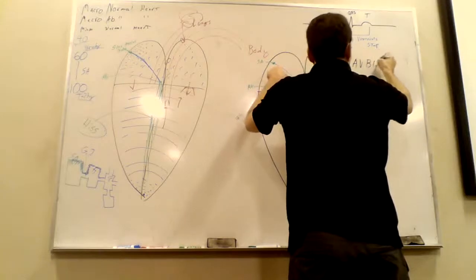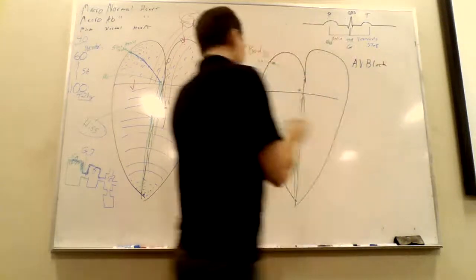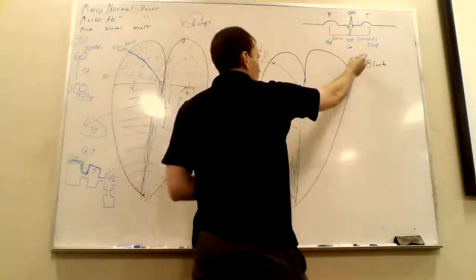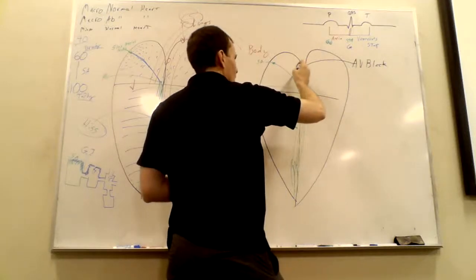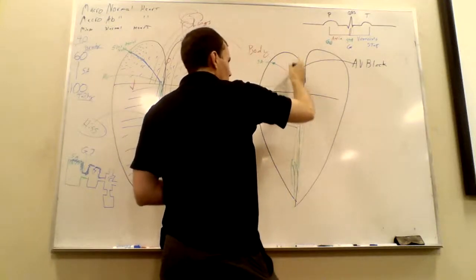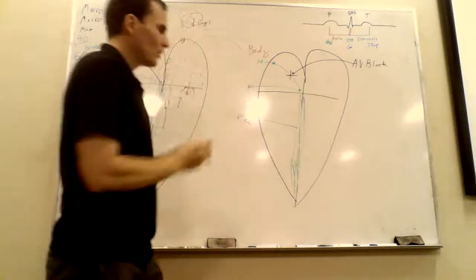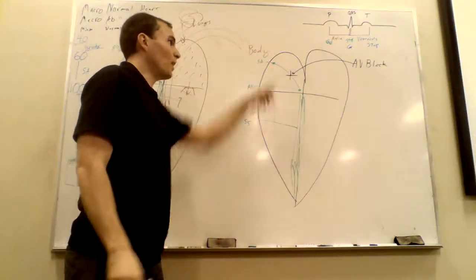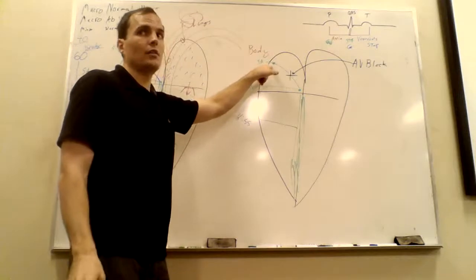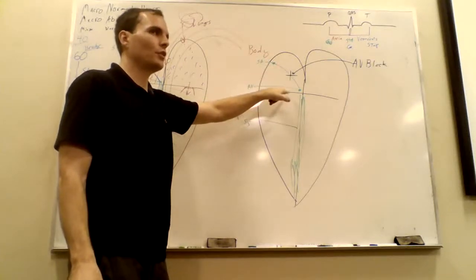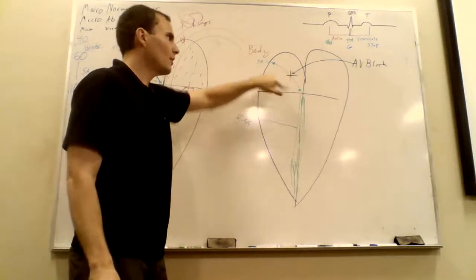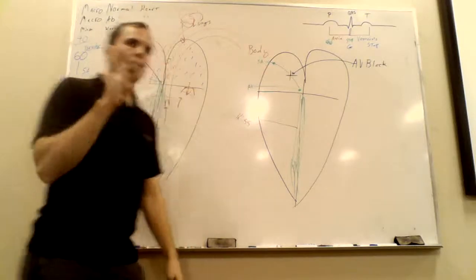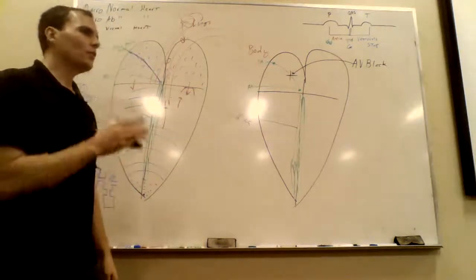So, AV block. Got a question for you. AV block is when the communication to the AV node is disrupted. If the SA node can't talk to the AV node, but the SA node is still functioning, and the AV node is still functioning, it's called AV block. Take a few seconds and think about, what do you think would happen?